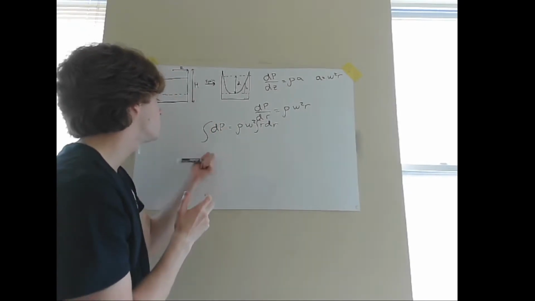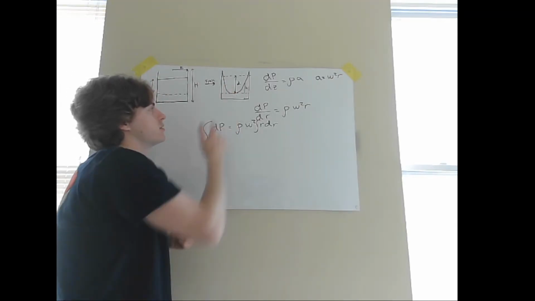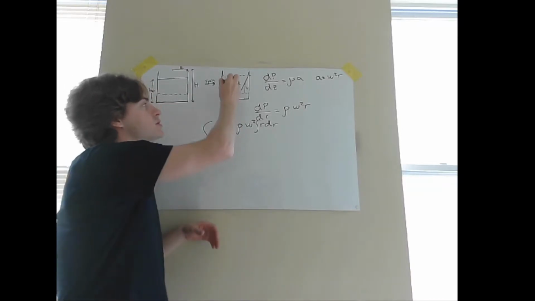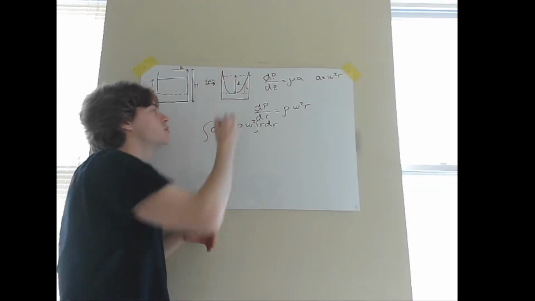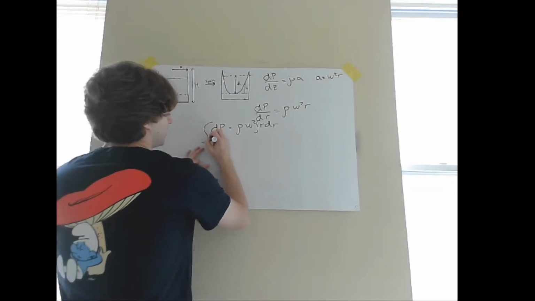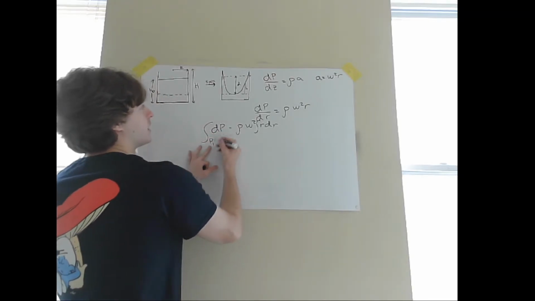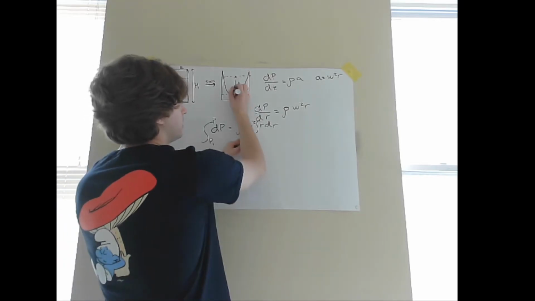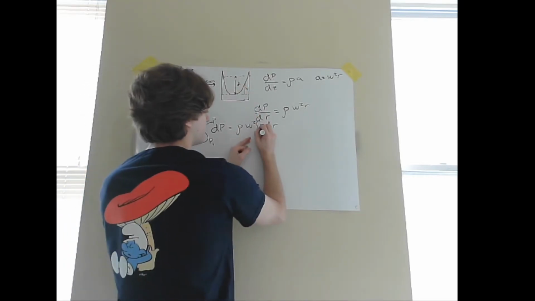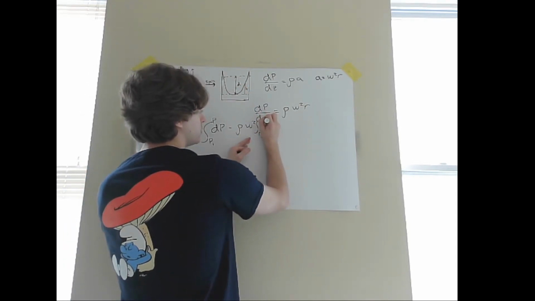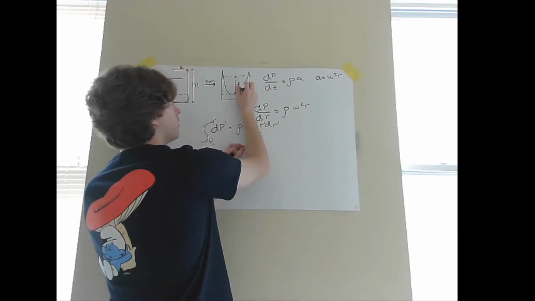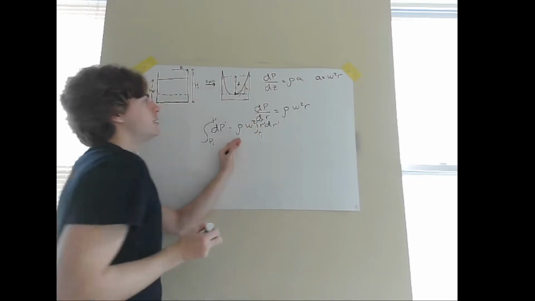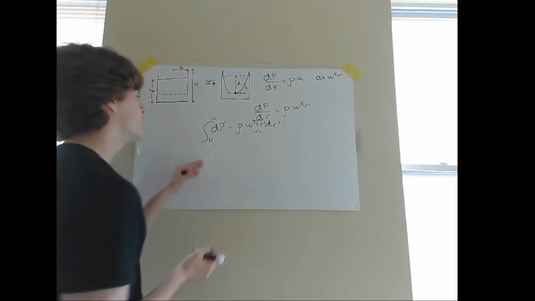Our initial point is the center of the radius. The pressure here is just atmospheric pressure since there's no water above this point. I'm going to call that P1, and then to some new pressure over here, which is P. Same thing for the radius: our starting point is the middle, R1, to some other point, R, out here. So now we can integrate.